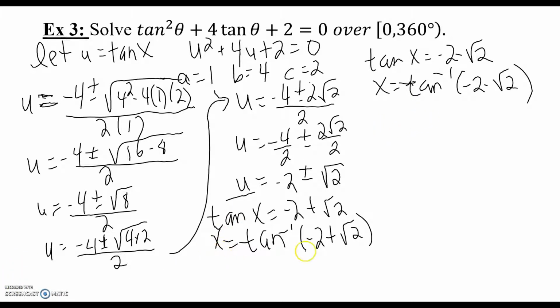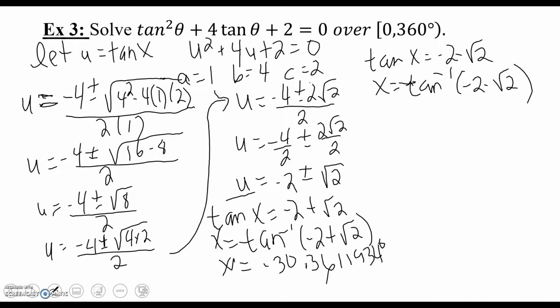Okay, so when I plug in this first one in the calculator, inverse tangent of negative 2 plus square root of 2, and you can plug this in just like this, I get x comes out to be negative 30.3611934, and that's degrees.